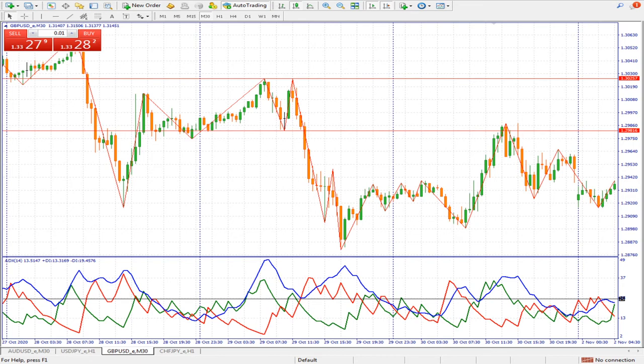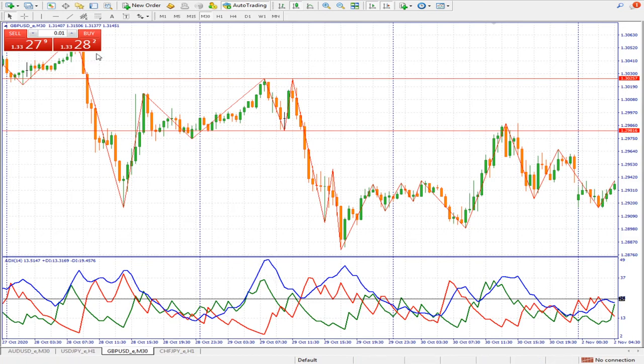Now the question is, which trend is that? Because there are two types of trend. There's the uptrend, there's the downtrend. What tells you which trend you're having is the green line or the red one. If you have the blue line above 25 and the green line is above the red one, that's how you interpret this section.